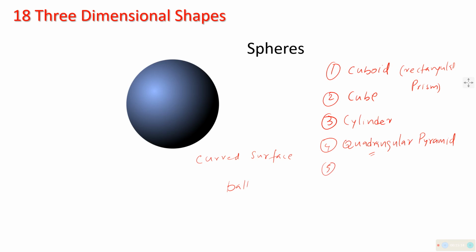And you also studied about the triangular pyramid. Then the most interesting, the cone, having a circular edge, a circular flat face at the bottom, a curved face and an apex.